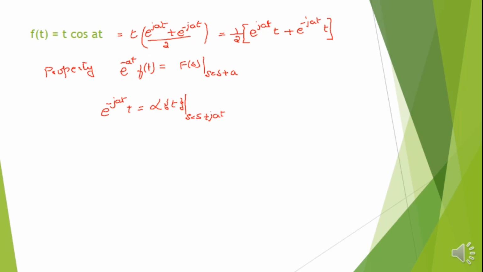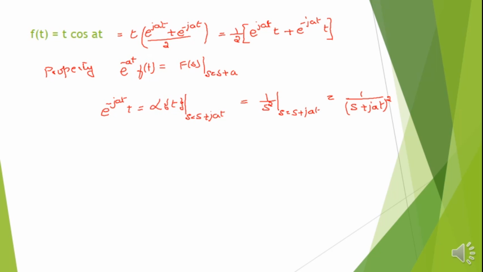So that means the Laplace transform of t is 1 by s square at s equal to s plus ja, that is equal to 1 by s plus ja whole square.